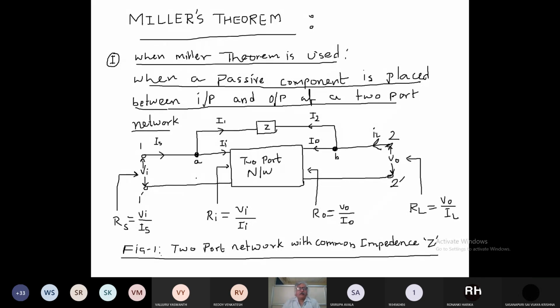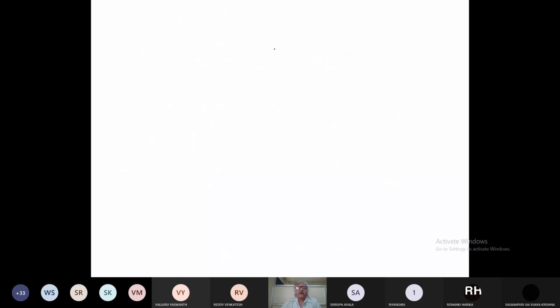If we look at this circuit, you can see it this way. This is our two-port network. It can be a transistor or a JFET, whatever it may be. These are the two ports. Suppose at the input side we have port 1 and 1 dash.